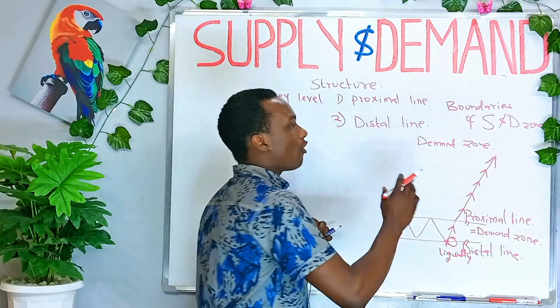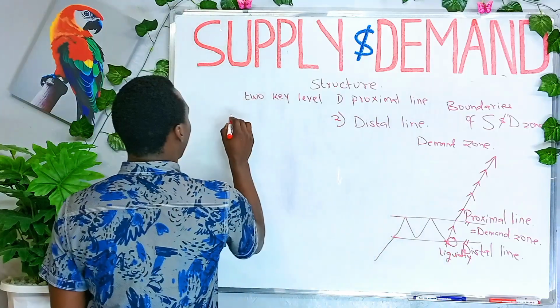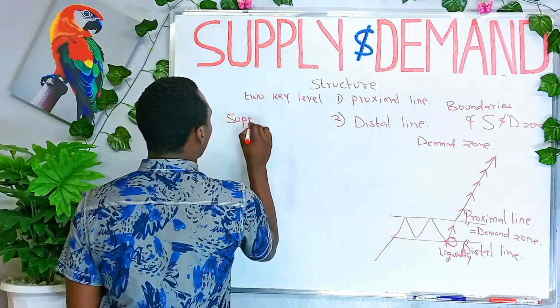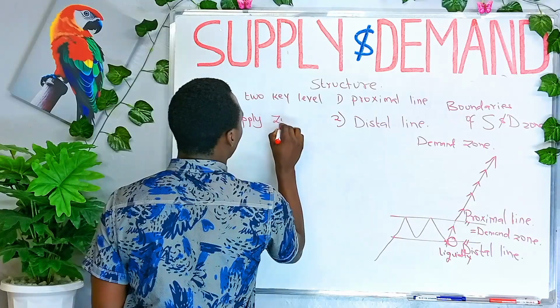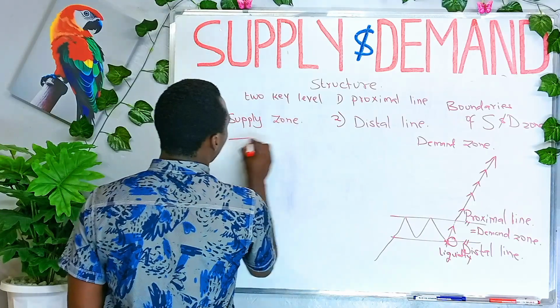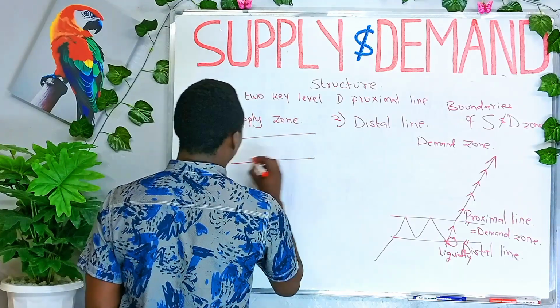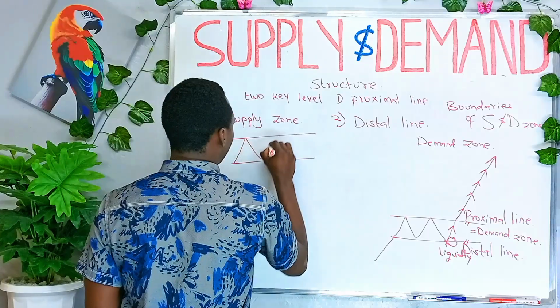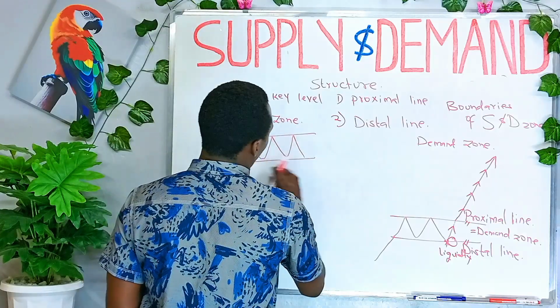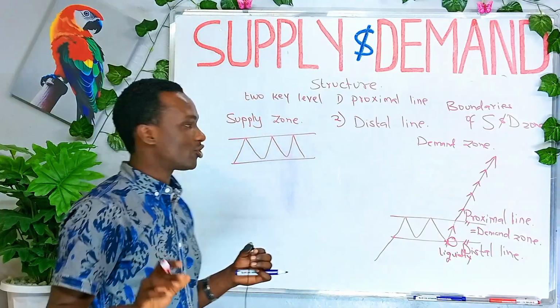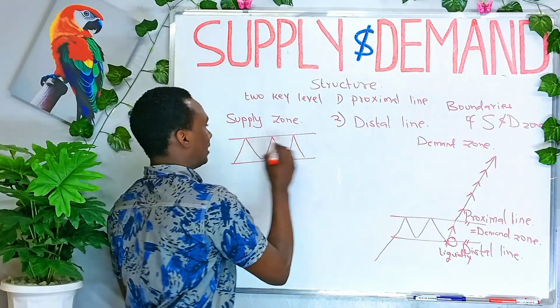Okay, for a supply zone, it is the exact opposite. So you are having your supply zone like this. This one is the consolidation phase, the range. This one is the base.